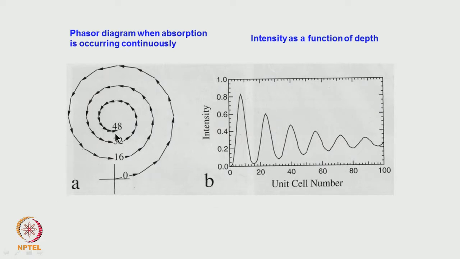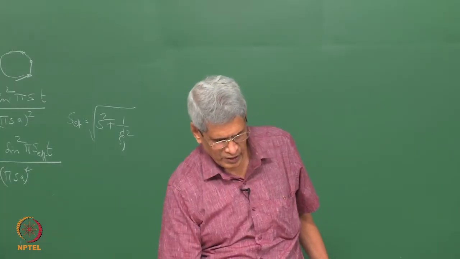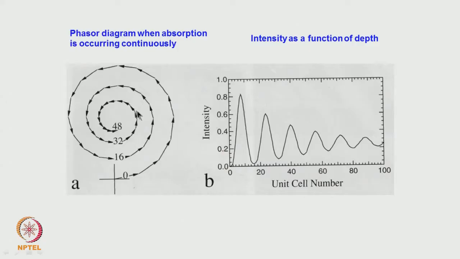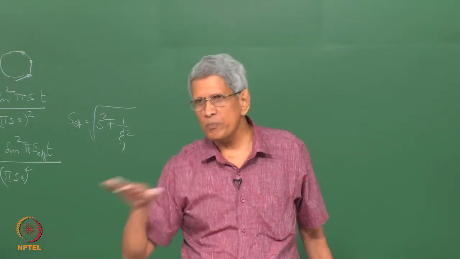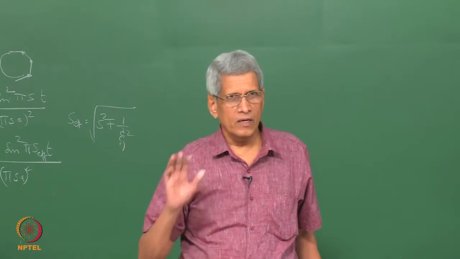But still the same thing could be used to explain how the contrast varies with the number of unit cells, and how the intensity is going to change. When the thickness is small there is a variation in intensity, but as the sample becomes thick, the intensity variation is going to get smeared out gradually. Is this clear?